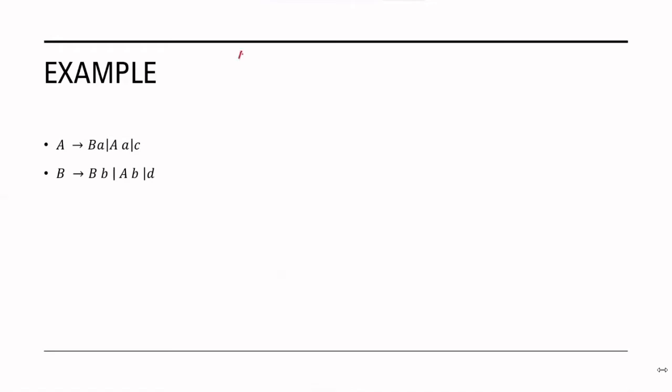The non-terminals I have are A and B. I can give any ordering I want, but let me put A1 and A2. So A is A1 and B is A2. So A1 comes before A2, A comes before B. Since I have two variables, M here is equal to 2. So my outer loop in my algorithm is going to execute 2 times.